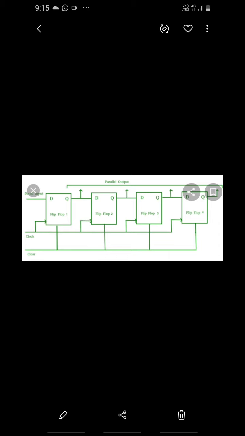The functional block diagram of the 4-bit shift register is shown in the above PPT. So this contains 4 different D flip flops, and D0 to D3 and Q0 to Q3 are the 4 different outputs, and here input D and clock signals as shown in the above figure.